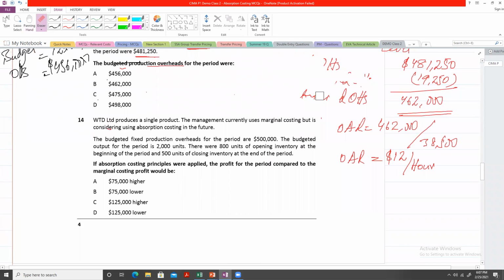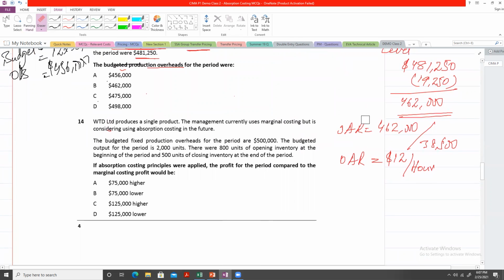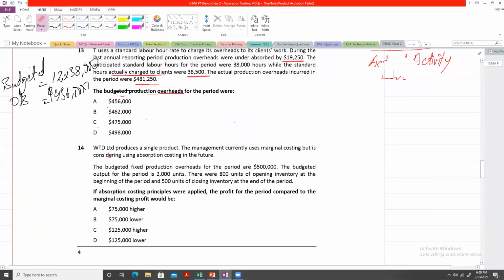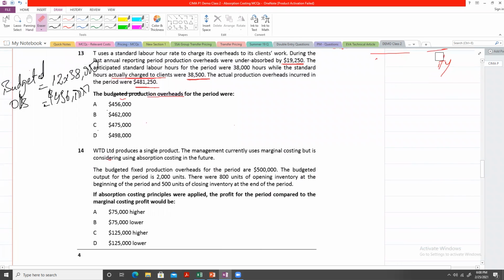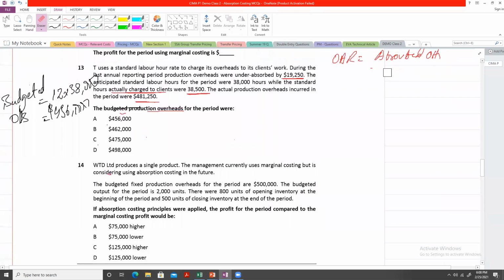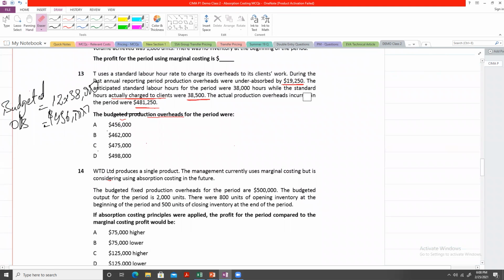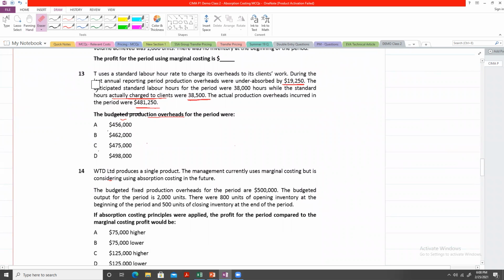In this question, we need to calculate by how much amount the absorption costing profit differs from the marginal costing profit. You can solve this question keeping in mind the points that I told you earlier about the difference in profits of marginal and absorption costing. Why does the difference arise?